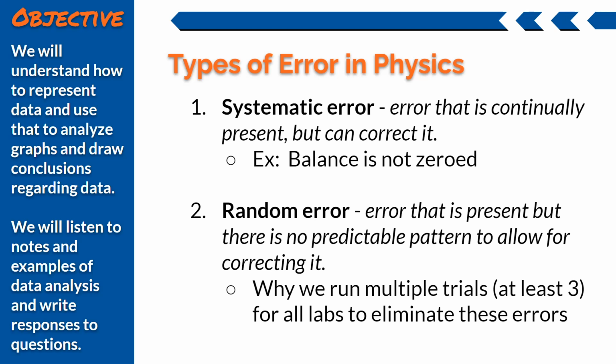And so there was some random error, but that's why we run multiple trials to try to eliminate that error, because when you start averaging it together, you get rid of some of those outliers by bringing it in toward the middle, the more accurate value. So we address random error by running multiple trials to try to eliminate situations like that we can't really control.